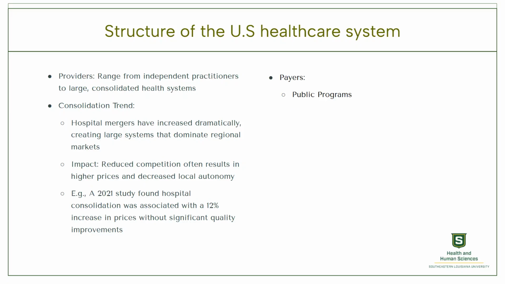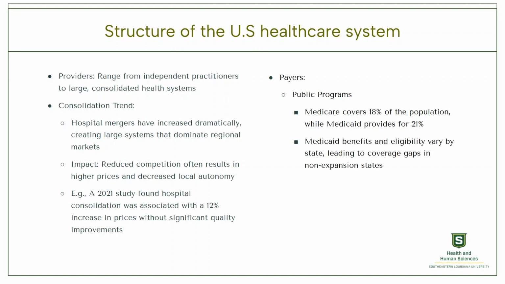The payers include the public programs, with Medicare covering about 18% and Medicaid 21%. Then there's Medicaid eligibility, which changed a lot when the Affordable Care Act came in. But even with that, there's still a lot of variability. You have the states that expanded Medicaid and the states that did not.